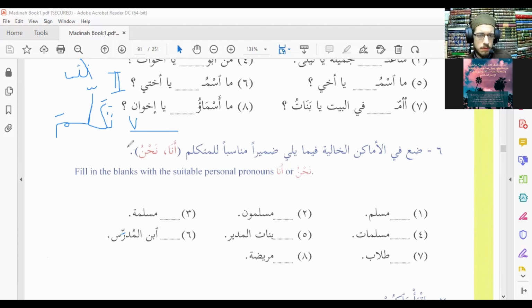Easy example of this is alima. Alima is to know. Allama, allama al-Quran. If you double the middle letter, it becomes to teach. It becomes transitive. Ta'allama is to learn. So these are all past tense verbs.